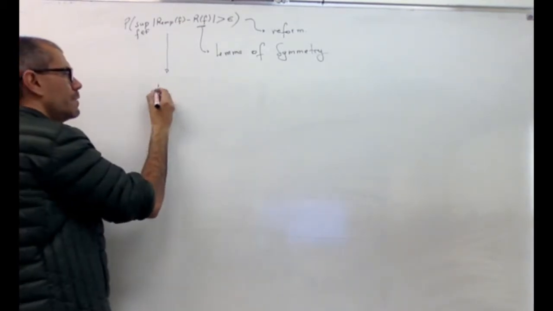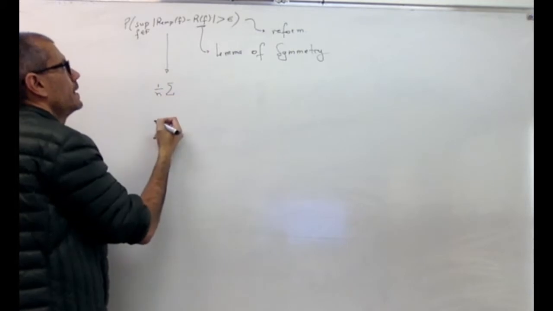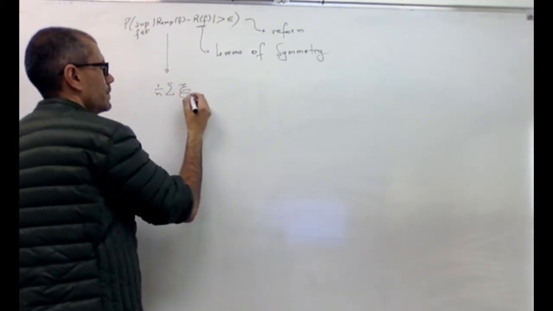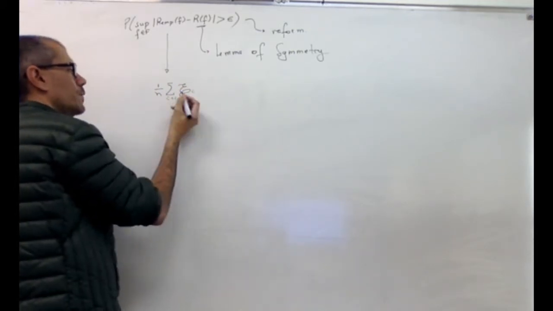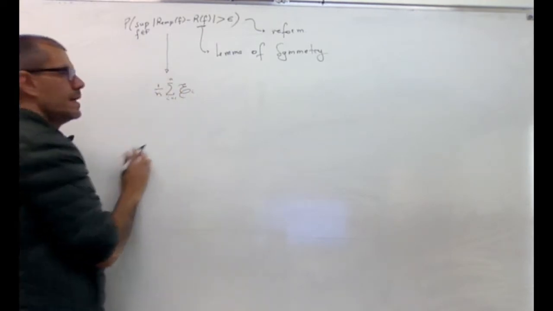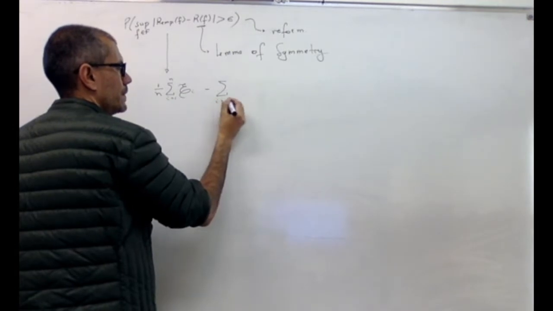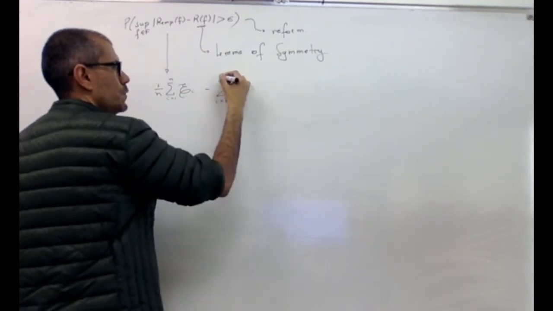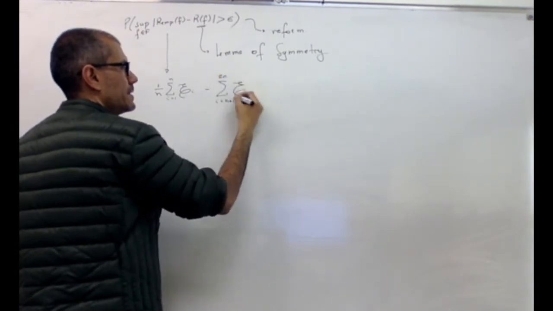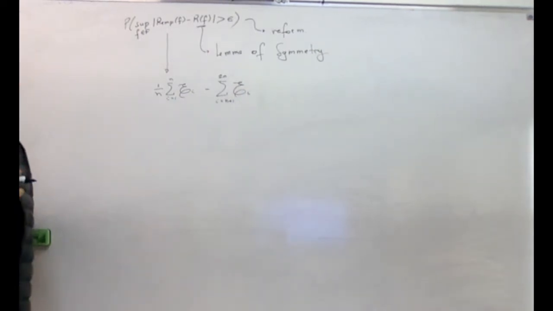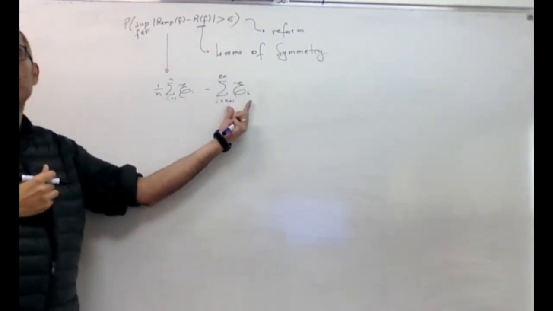We could have one average at a given sample from 1 to n, and another average from n plus 1 to 2n, given the same underlying probability distribution.